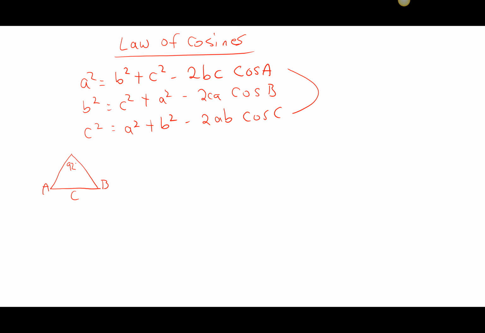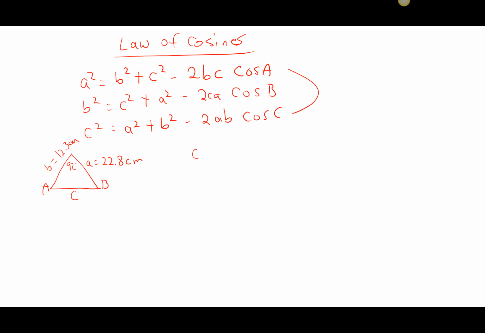So if we have this triangle, we have a and b, we don't know c. We have this angle, 92 degrees. We have a equals 22.8 centimeters. And we have b equals 12.3 centimeters. Okay, so notice the given angle C is the angle formed by the given sides a and b.